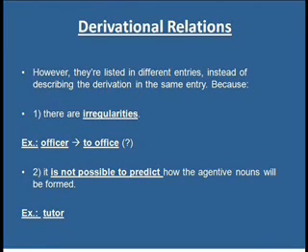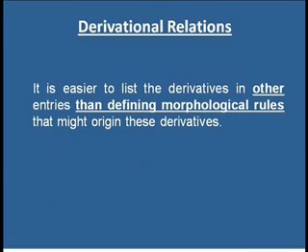And 2. It is not possible to predict how the agentive nouns will be formed. For example, tutor, the person responsible for the education of a child, for example, when its parents passed away. It is easier to list the derivatives in other entries than defining morphological rules that might originate these derivatives.